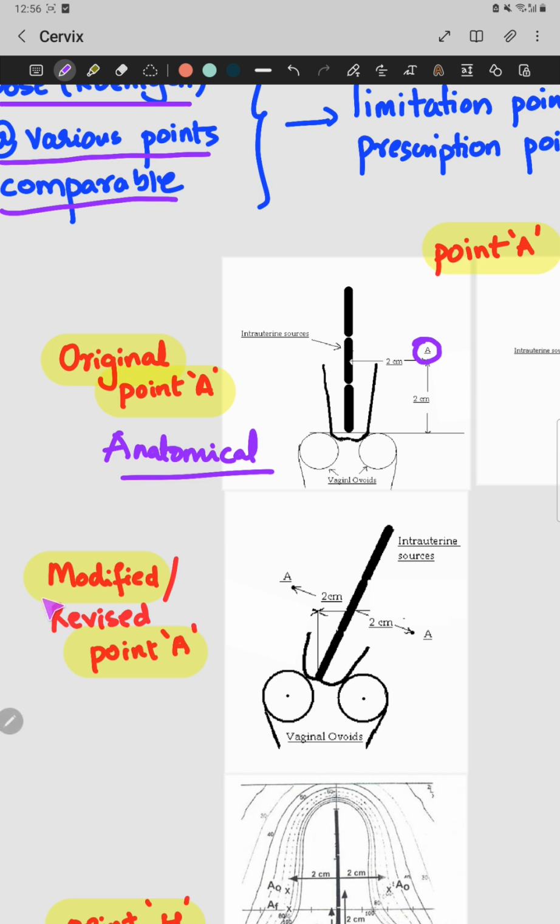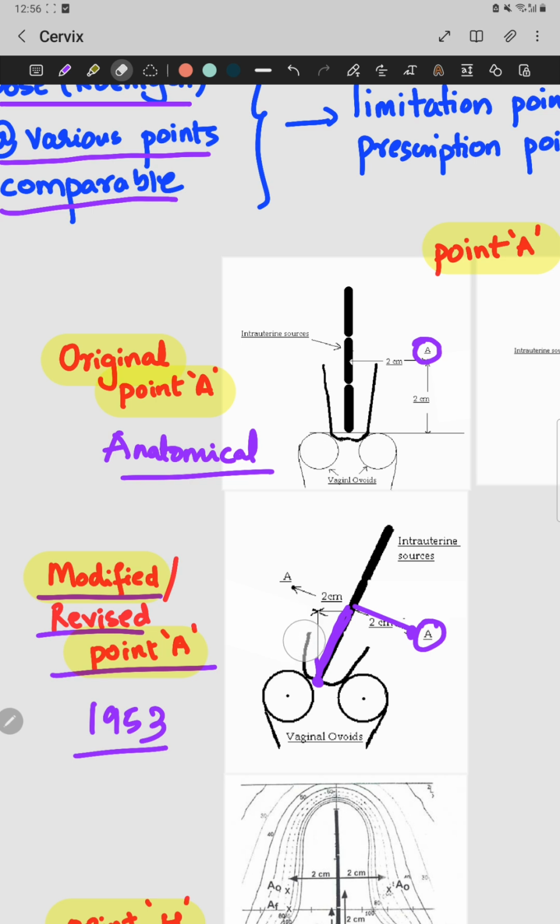That's why there was a modified or revised point A that was formed in 1953. So this gave us, from the flange or from the os, 2 centimeters above along the tandem, and 2 centimeters lateral. That used to be our point A.